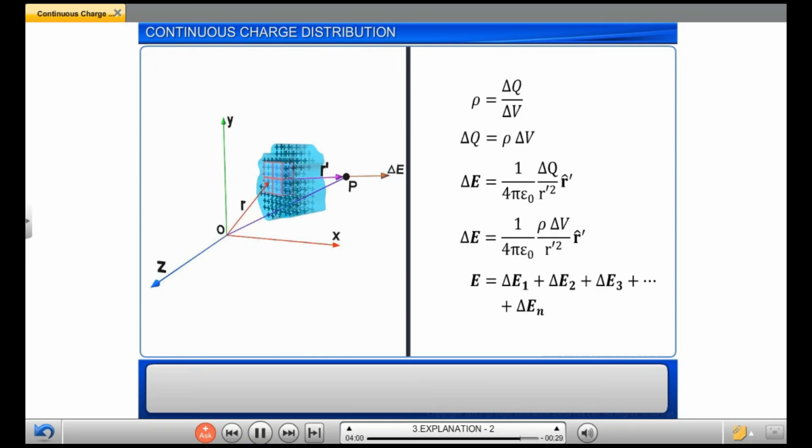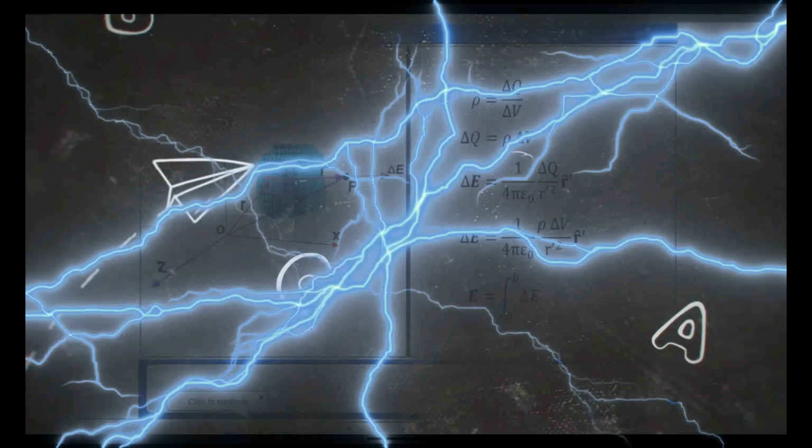However, this is impractical as there would be many infinitesimal volume elements at varying distances from the point P. Hence, to obtain the electric field strength E due to the total volume charge distribution, we integrate delta E within suitable limits, A to B, under the assumption that the volume elements have very small volume tending to 0.